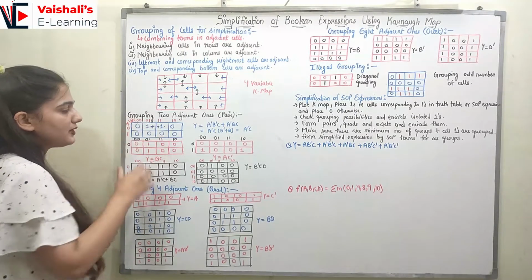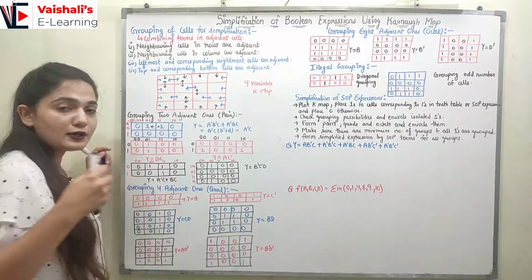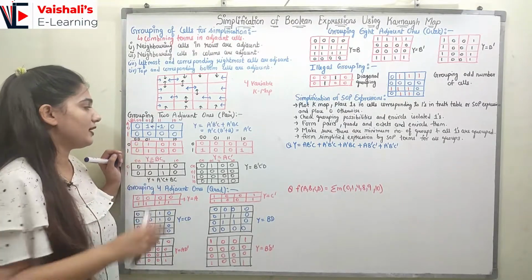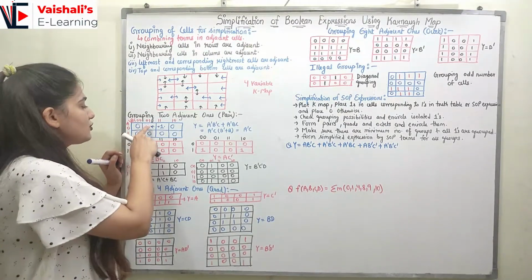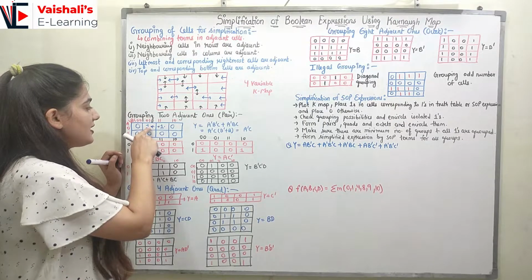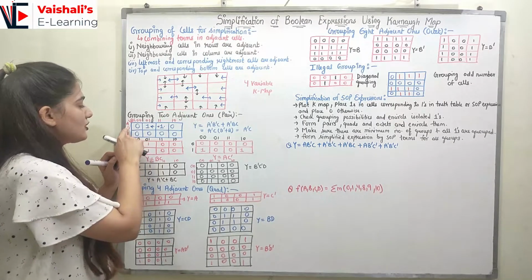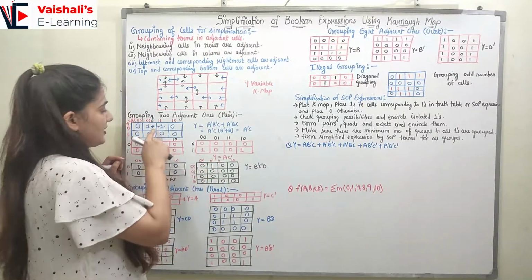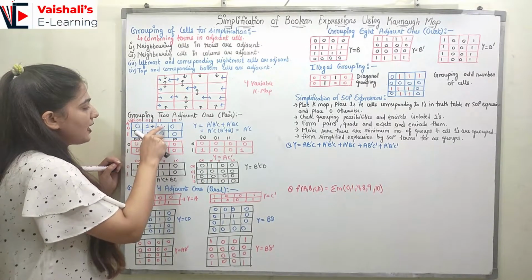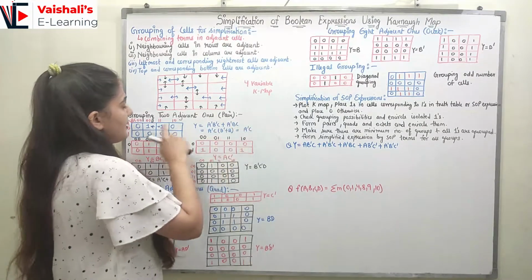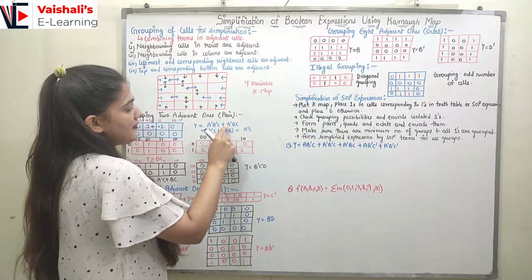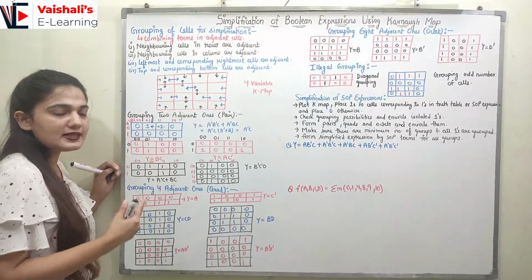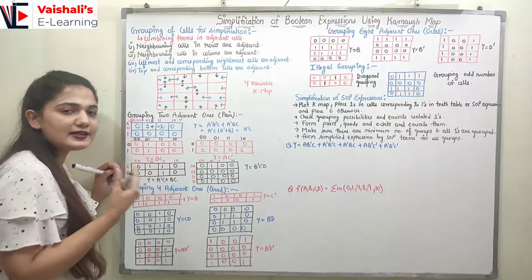So when we group these, let's understand what the min terms are and how we do the simplification by this grouping. This cell represents A dash B dash C, because here A is 0, B is 0, and C is 1. Here A is 0 and B and C are 1, 1, so we have A dash B C, because 1, 1 represents B C and A as 0 represents A dash.